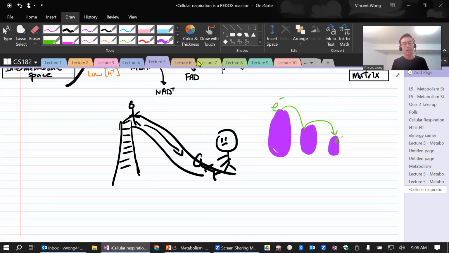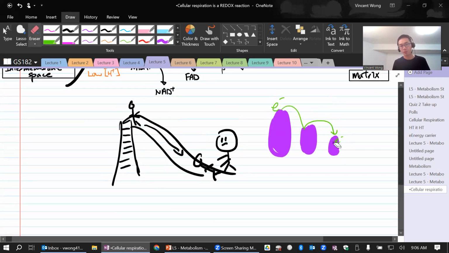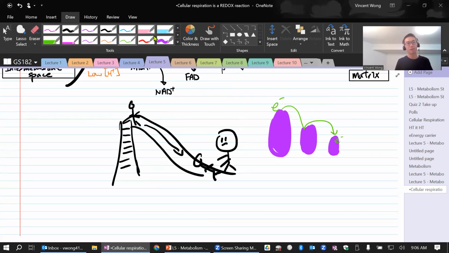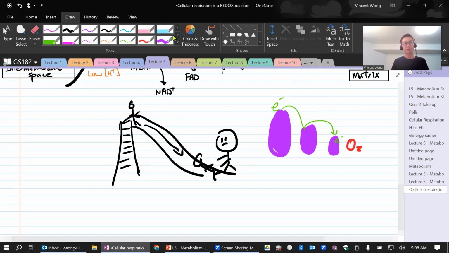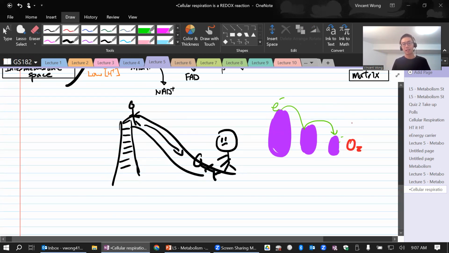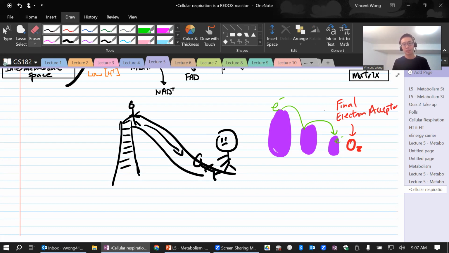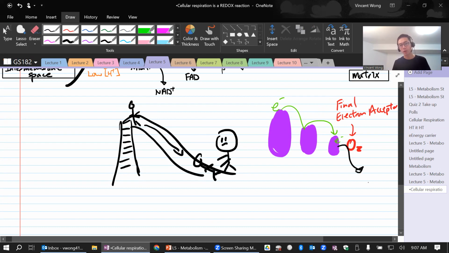So we need to have a parent to get that electron off. And that molecule is going to be oxygen. So oxygen is called the final electron acceptor. Its job is to pull the electron off, and in doing so, it becomes water.